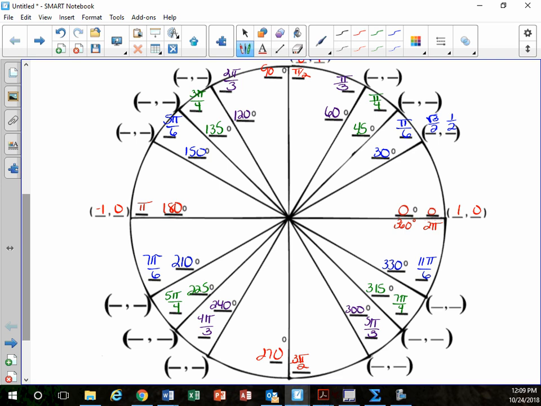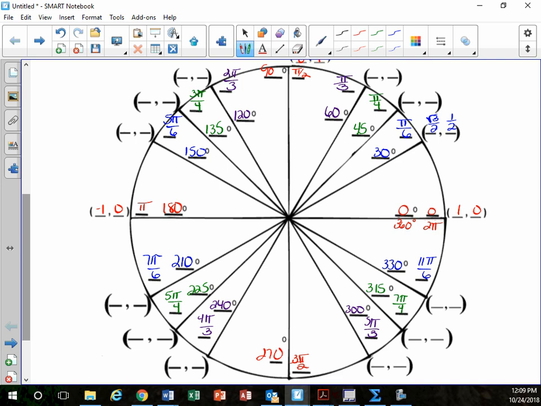Does that make sense? X is root 3 over 2 and then y is 1/2. Okay, I need some head nodding, I don't know where we're going. Yes, we're okay? But we're only doing this one so far. Do you get this part? Okay, that's all I need so far.